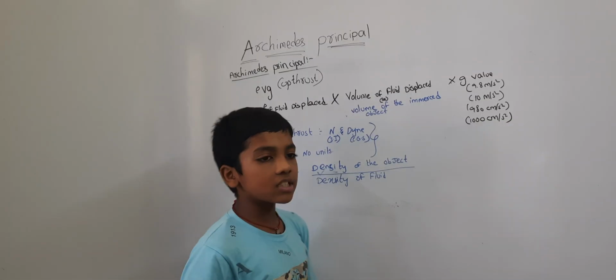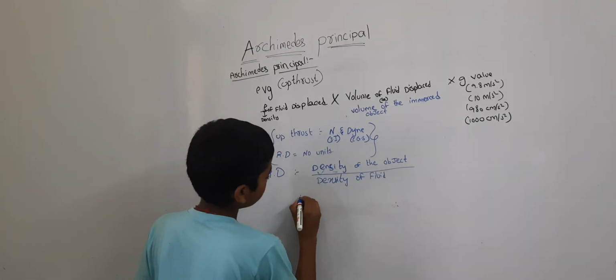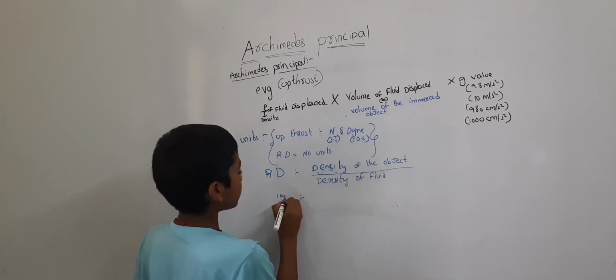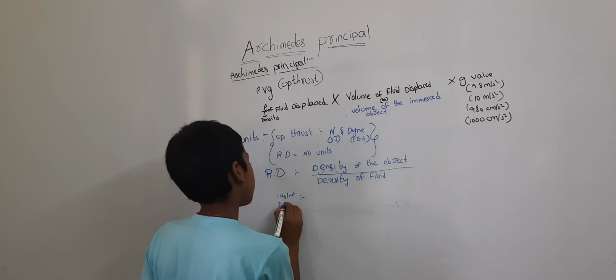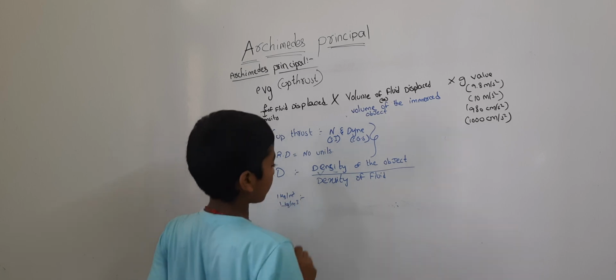Why does relative density have no units? Now we can take an example. Density of the object is 1 kg per meter cube, and density of the fluid is 1 kg per meter cube.